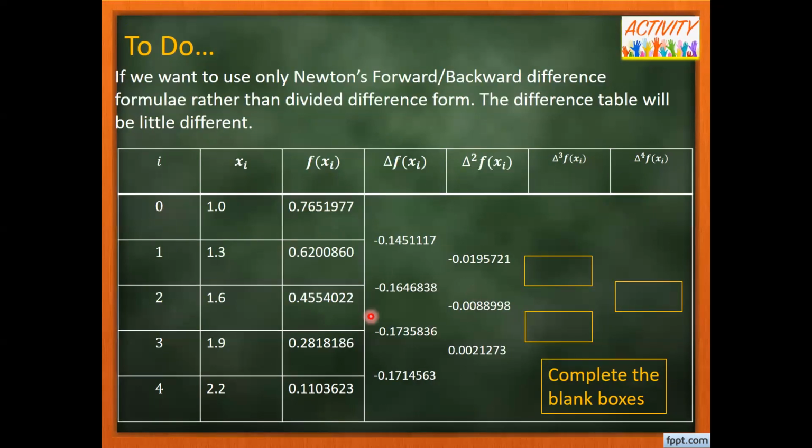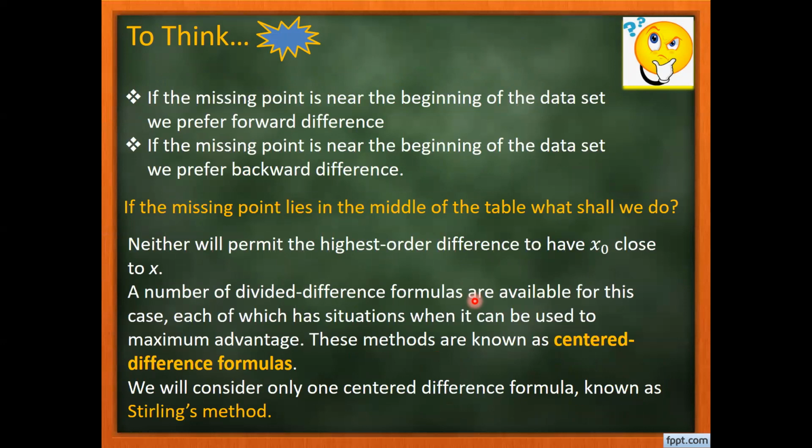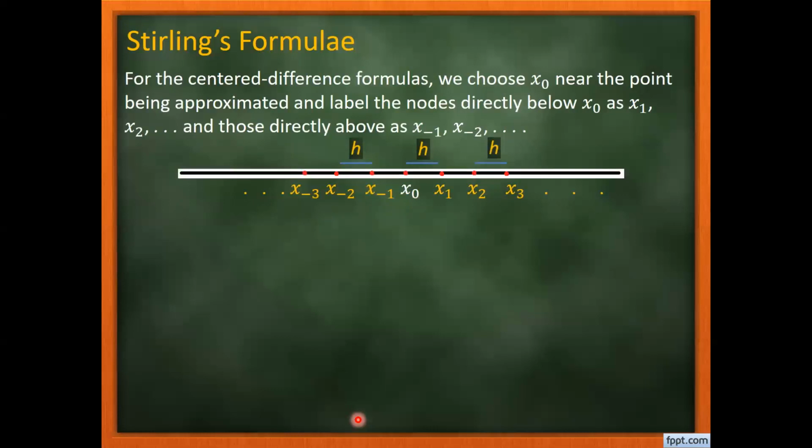So this means that we need to develop some new methodology to deal with the case when the missing point lies somewhere in the middle of the table. There are several methods and they have their own advantages, but the one we are going to discuss here for the central difference formula is Stirling's method. The polynomial form chosen for Stirling's method will be discussed in this slide.